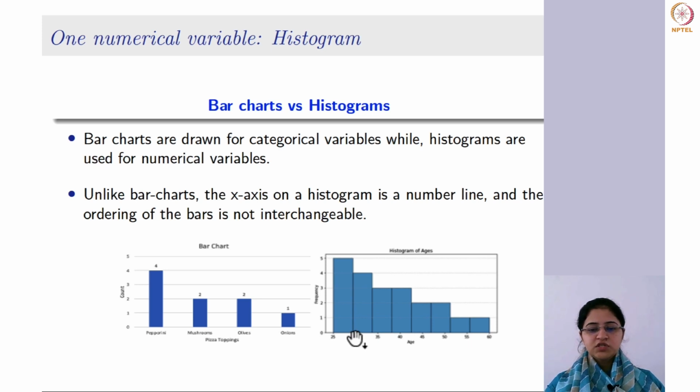Because here, you cannot take the class interval that corresponds to 8 individuals and replace it with the category of 40 to 45. That is not possible, because the number of individuals that you have in each category is already fixed. So if you interchange the bars, then the shape of the histogram would vary.